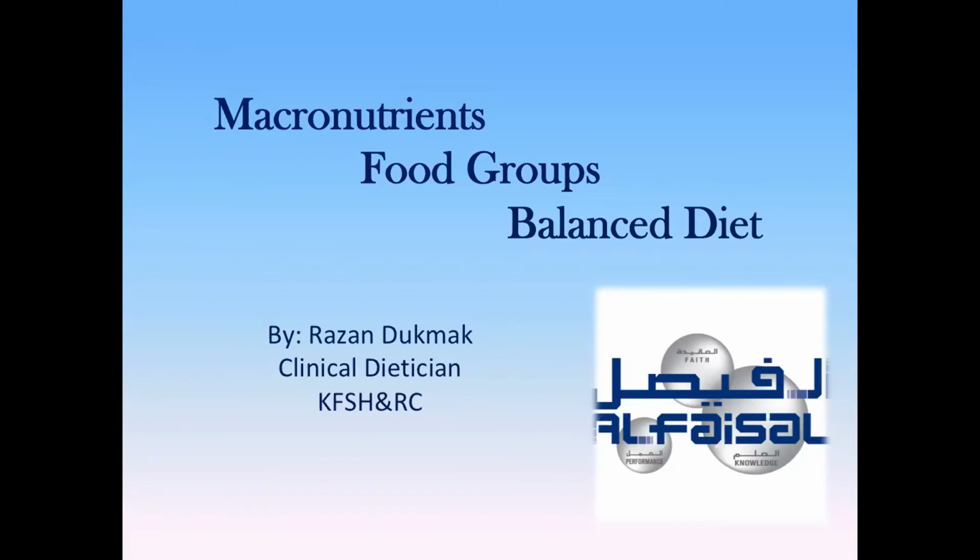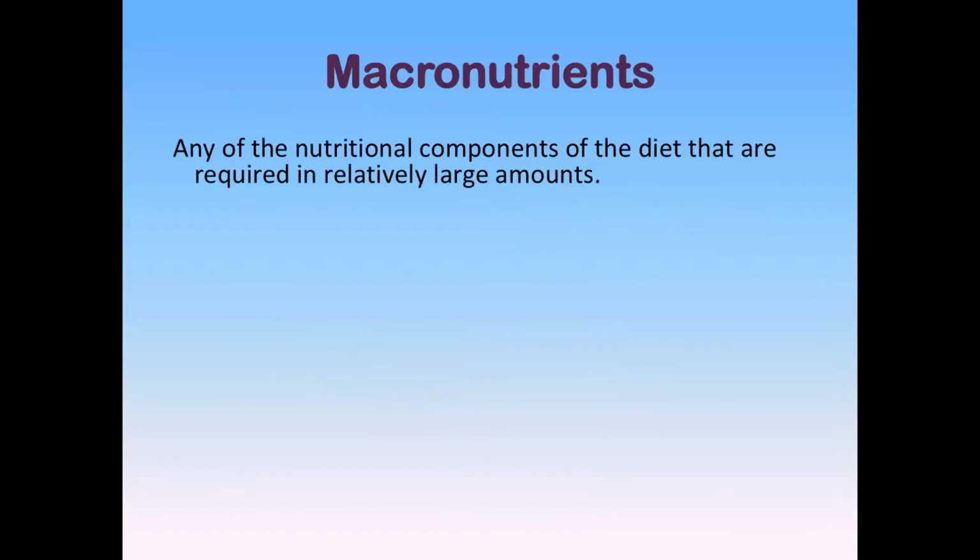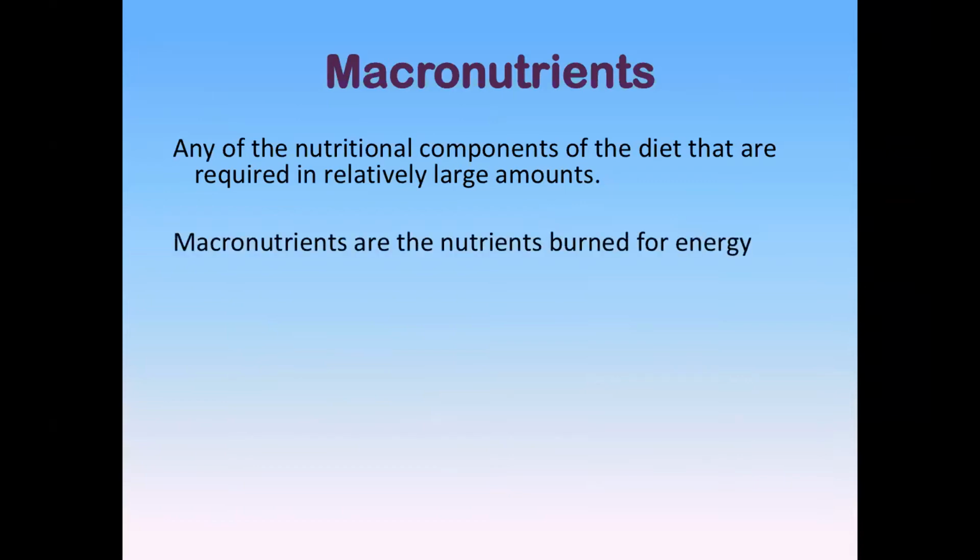The macronutrients are usually the components of the food that we weigh in grams. They are relatively large amounts, and they can be the carbohydrates, the proteins, and the fat. We take extra care of these macronutrients because they also provide energy, as these are the food that our body uses for energy.